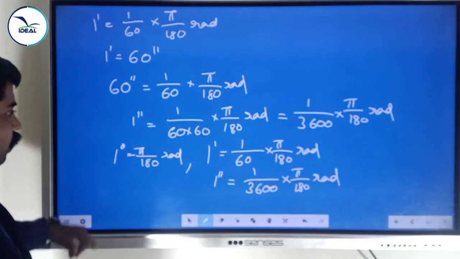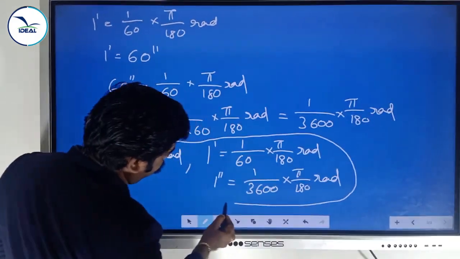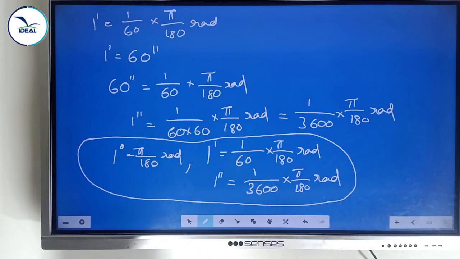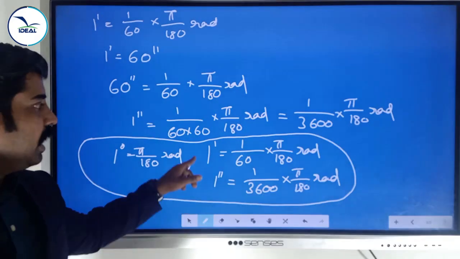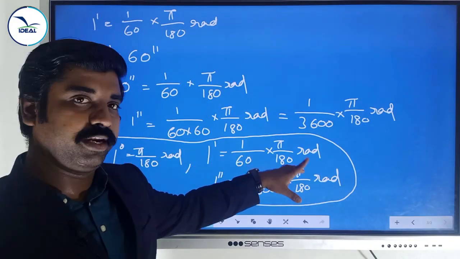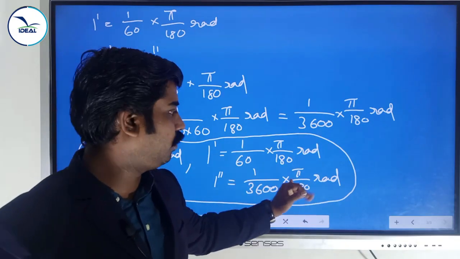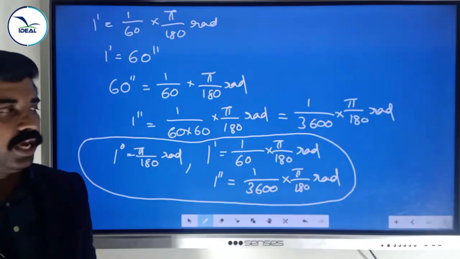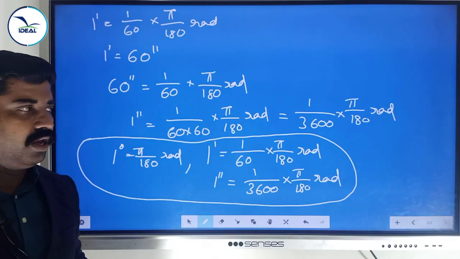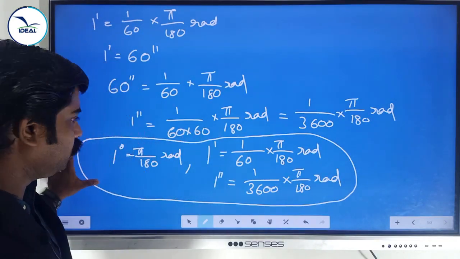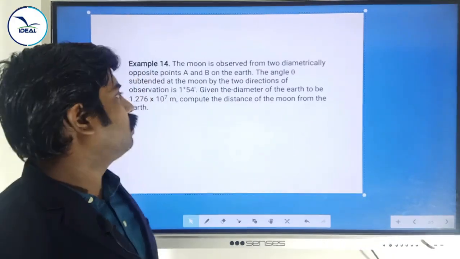You want to know what is 1 degree, what is 1 minute and what is 1 second. Or you can calculate this and you will get the exact value, or just memorize this. Okay, clear?